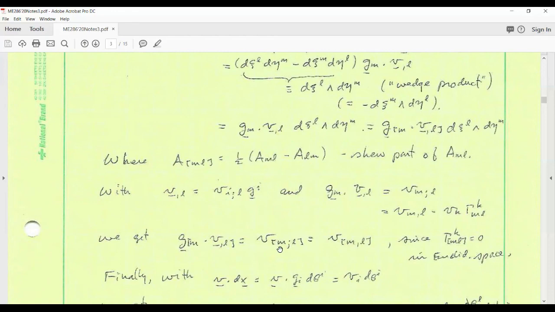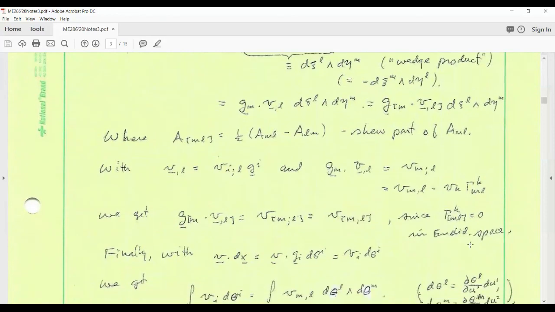So that's the skew symmetric part of this covariant derivative: the skew symmetric part of the partial derivative, plus the skew part of the connection coefficients with respect to the lower indices. But if you remember, since we've done our theorem here, Stokes Theorem in Euclidean space, the connection coefficients are symmetric in the subscripts in Euclidean space. So these drop out after skew symmetrization, and you just get the partial derivatives.